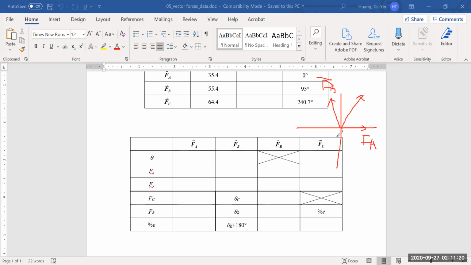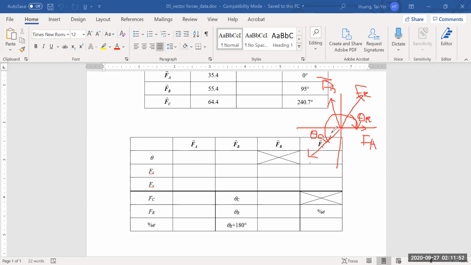Okay. And then your theta C is 240. So this is your theta C. Theta C is measured all the way from here. So that's your theta C. Okay. And then theta R is this. So that's your theta R. So you need to calculate theta R. If this is FR, is it in the second quadrant?